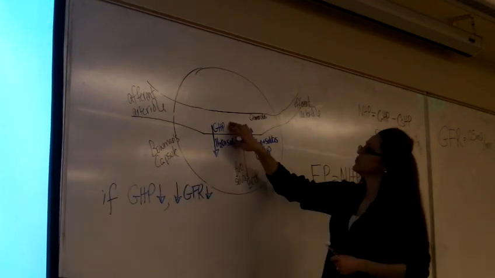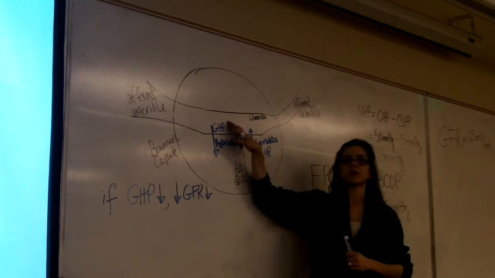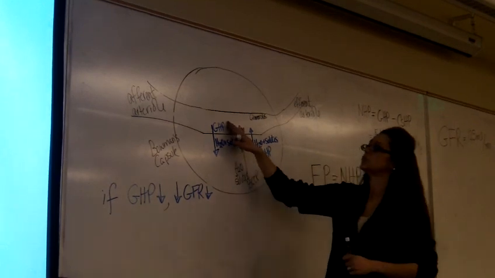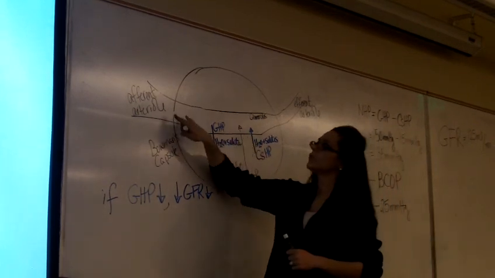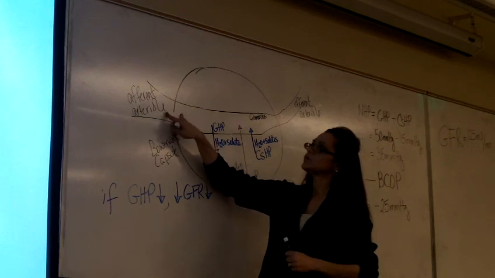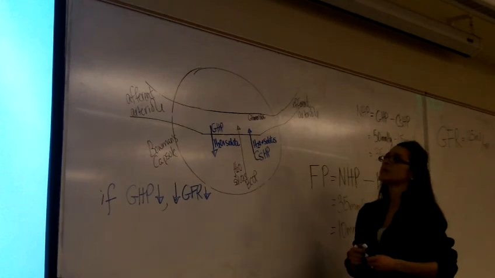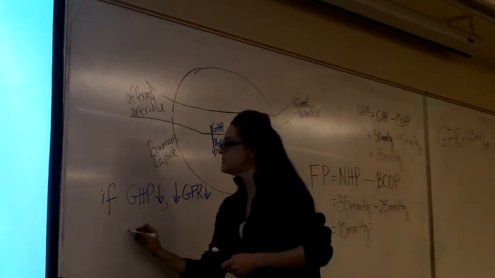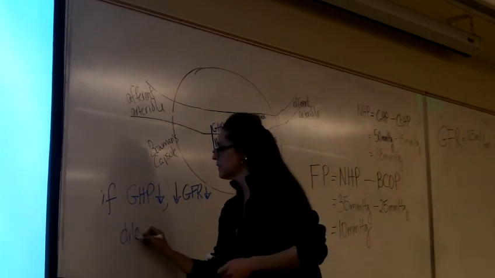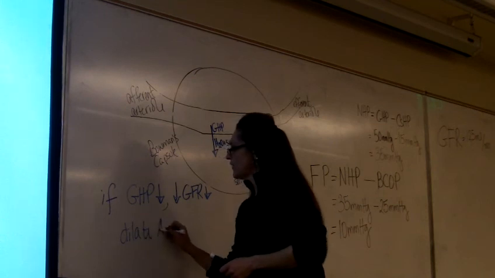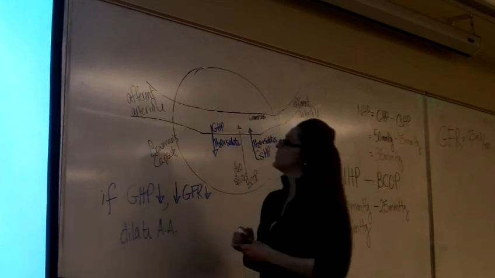So if the pressure in the glomerulus is starting to drop and filtration is starting to drop, would we want to dilate or constrict this afferent arteriole? We would want to dilate the afferent arteriole, right?